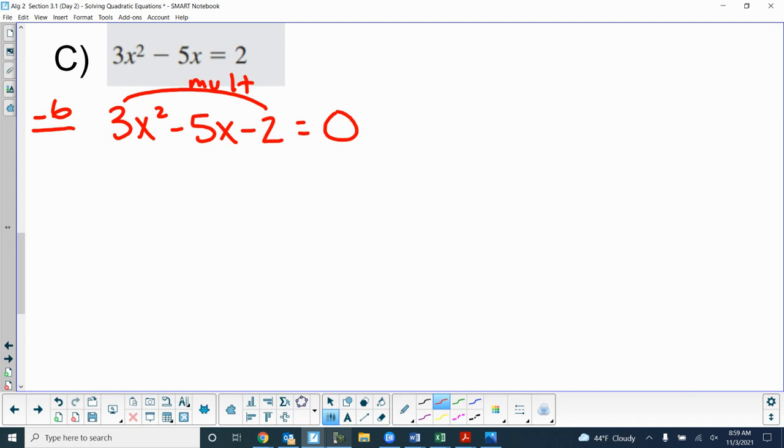Sophia, what would that be? You meant 1 and negative 6, didn't you? Yeah, that's what I thought you said. Right? 1 times negative 6 is negative 6, but 1 plus negative 6 is negative 5. Now, since I got a 3 there for A, what did we do at this point?